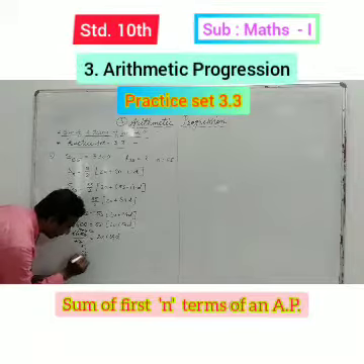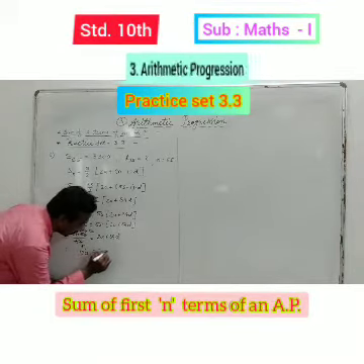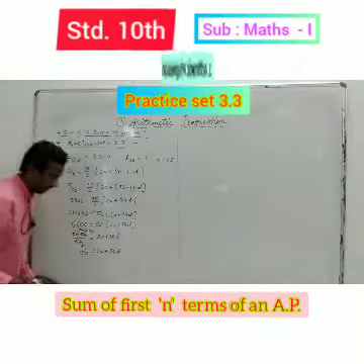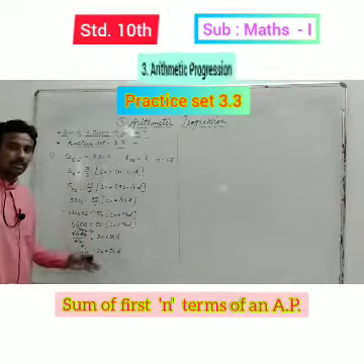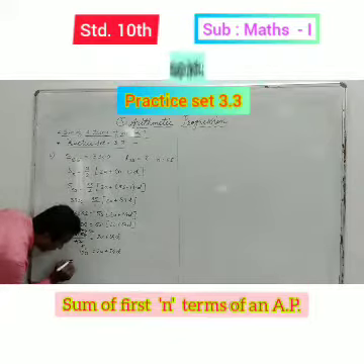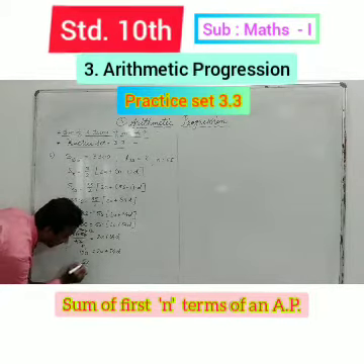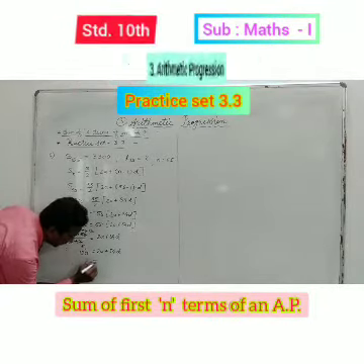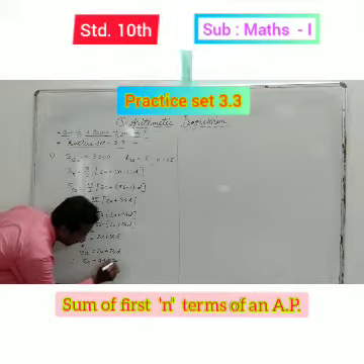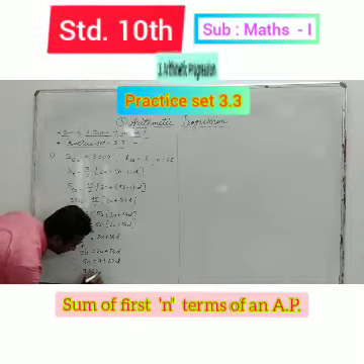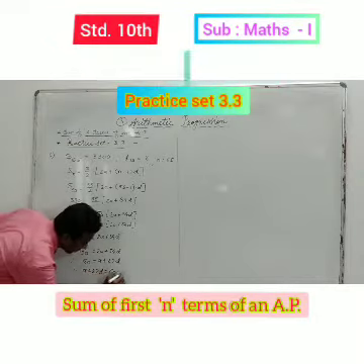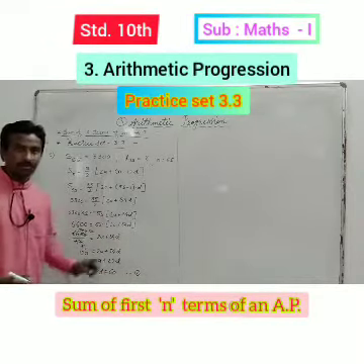Means 120 is equal to 2a plus 54d. Now 120, 2 and 54, all these numbers are divisible by 2. Dividing by 2, we get 60 equal to a plus 27d. Therefore a plus 27d is equal to 60. Suppose this is equation number 1.